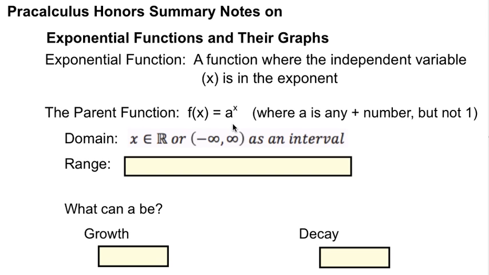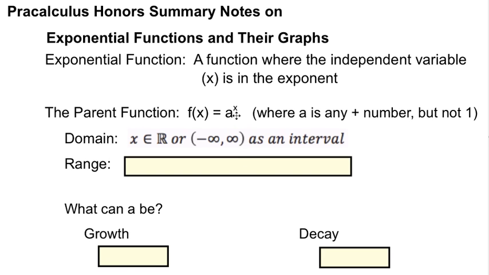We already said a can't be 0. Secondly, if a is a positive number, then this is actually going to be getting bigger. The value of our function is going to get really, really big, but it's going to be positive.